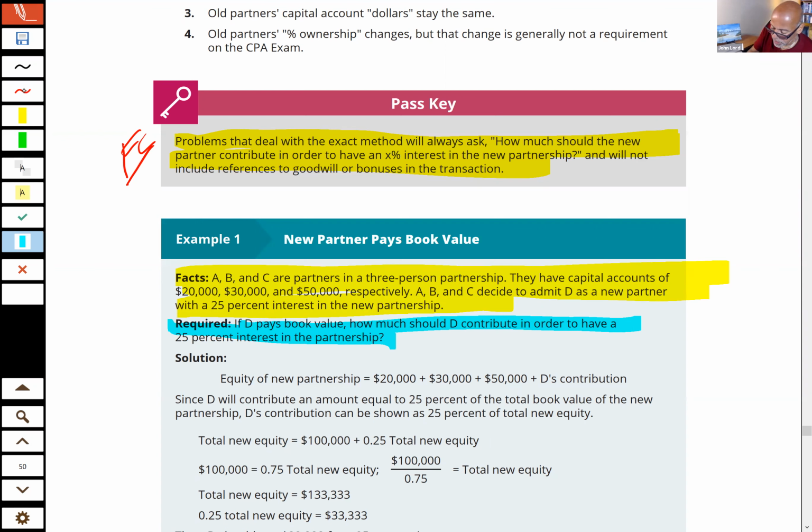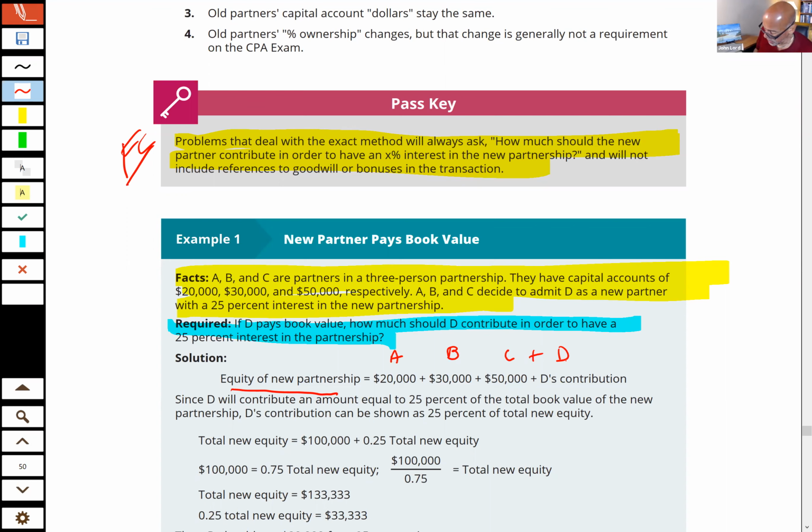The way we'll set that up is we'll say, okay, the equity of the new partnership, which is something we're going to have to calculate here, is going to be A's share, which is 20,000, plus B's share, which is 30,000, plus C's share, which is 50,000, plus whatever it is that D is going to have to bring in. Again, it's our job to figure out what D will have to bring in.